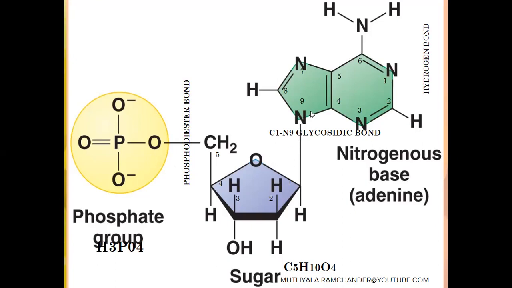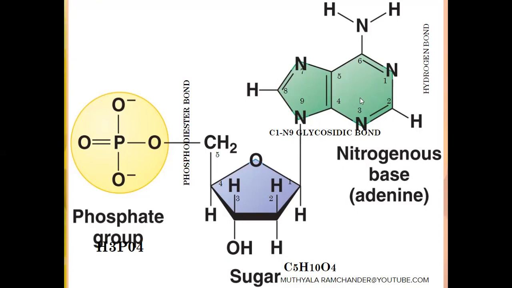The second is between sugar molecules and nitrogenous bases, again of two types. If C1N9, they belong to purines. If C1N1, they belong to pyrimidines.